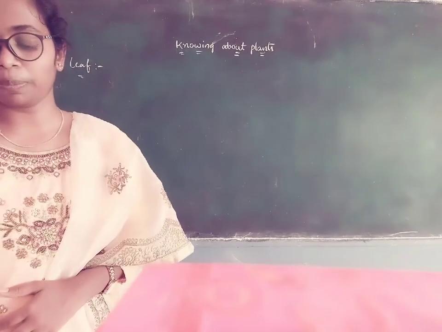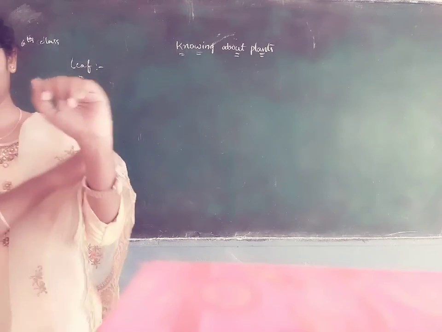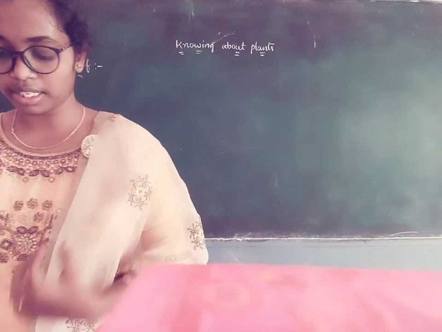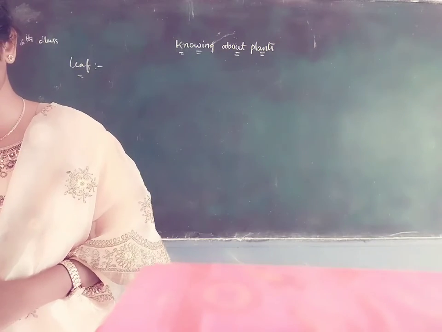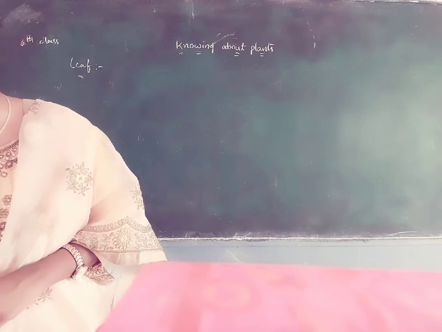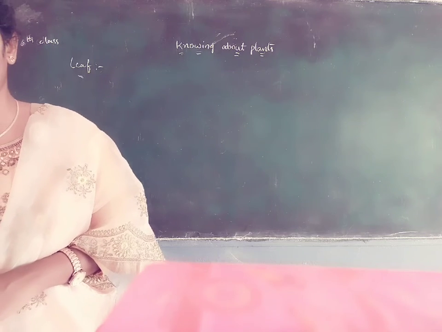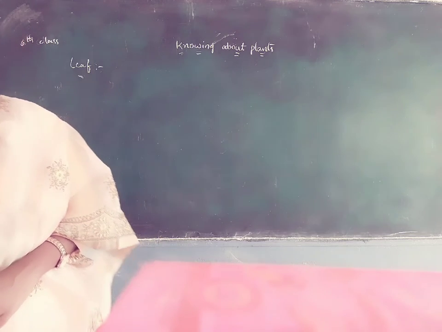Leaves are another important part of plants. Most plants that we see in our surroundings have different types of leaves. Observe the given picture of a leaf and its parts, where the leaf is attached to the stem.